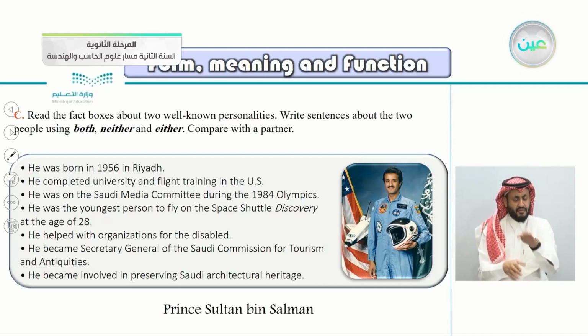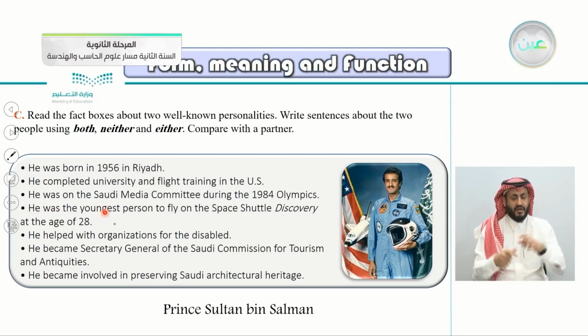Compare with a partner. So beginning with Prince Sultan bin Salman here, you know him, the astronaut, of course. He was born in 1956 in Riyadh. He completed university and flight training in the US. He was on the Saudi Media Committee during the 1984 Olympics.